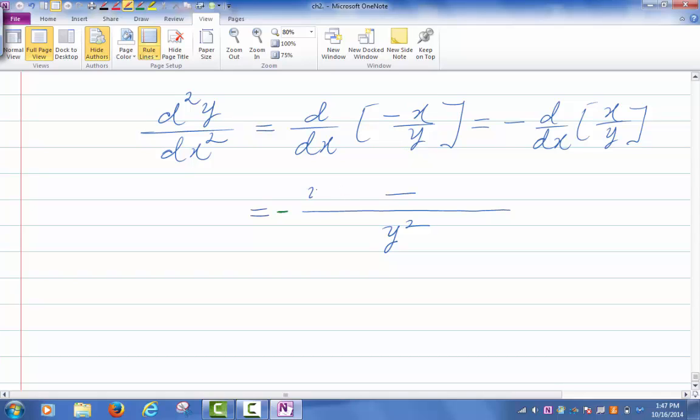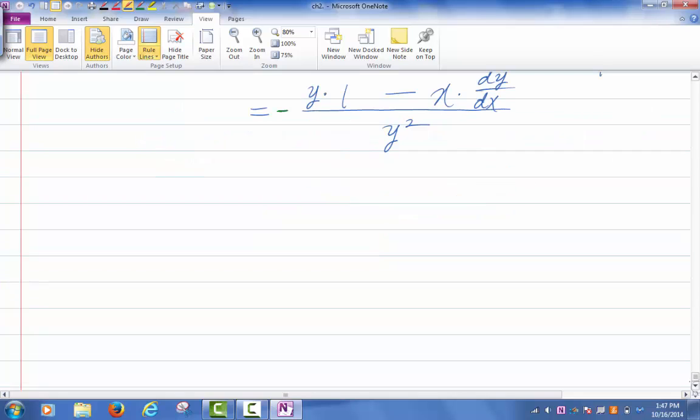Well, it'll be denominator times the derivative of the numerator, which in this case is 1, and minus x times the derivative of the denominator, which should be dy/dx. So what am I getting? I'm getting y minus x times dy/dx.